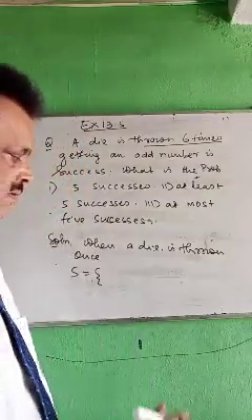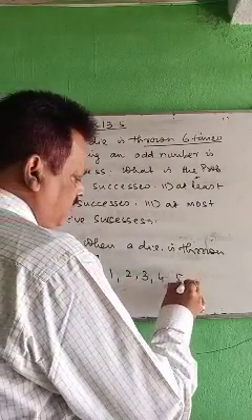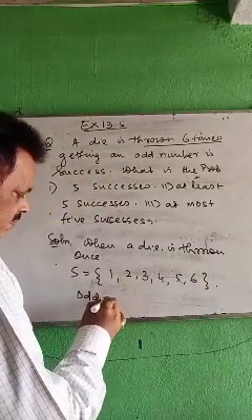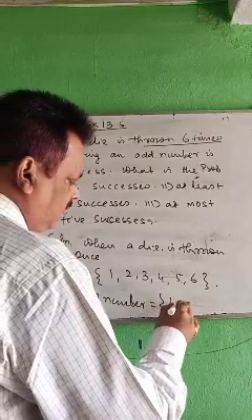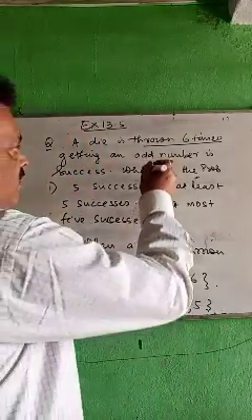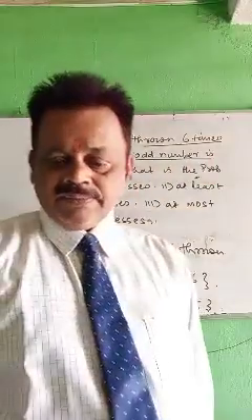That will be 1, 2, 3, 4, 5, 6. Out of which, what is an odd number? Odd numbers are 1, 3, 5. Now, if you call an odd number a success, that is P here.